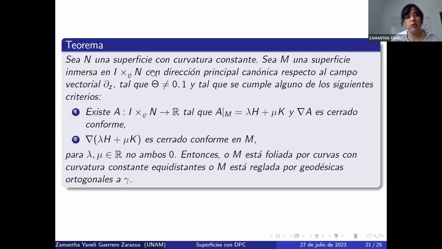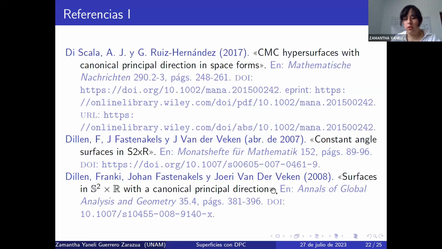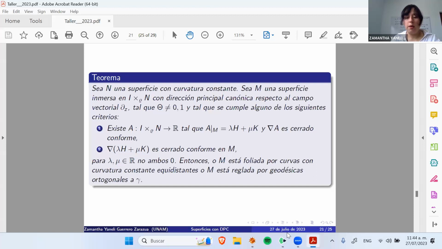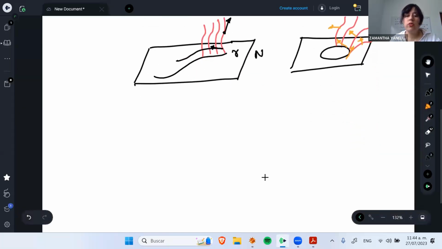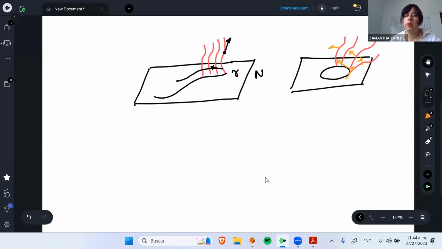Now, this result was actually inspired by an article by my doctorate director, Dr. Gabriel Ruiz Hernandez, where they analyzed what happened when the mean curvature is restricted to the height function.